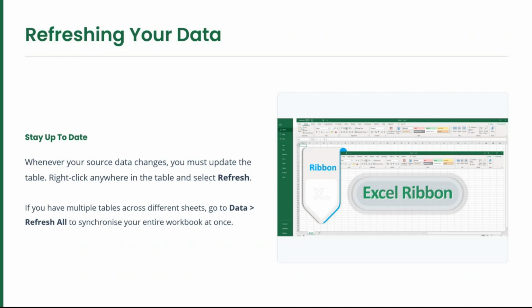You would then need to go to the Data tab within your Excel ribbon and say Refresh All to synchronize your entire workbook at once. So if you are running a dashboard with multiple tabs, you would need to do that, where you update everything within that space.